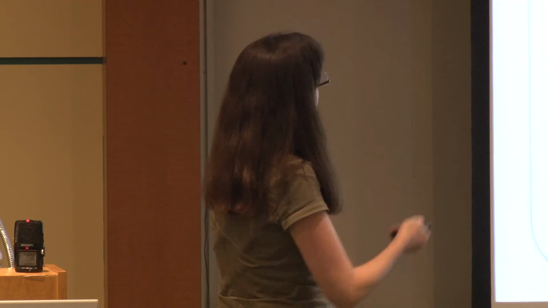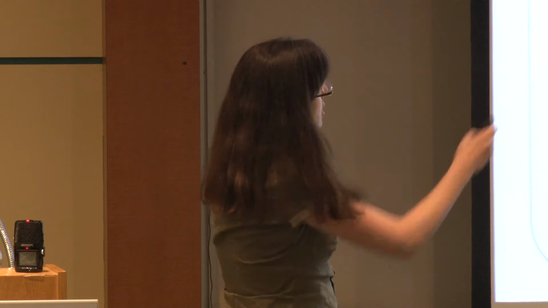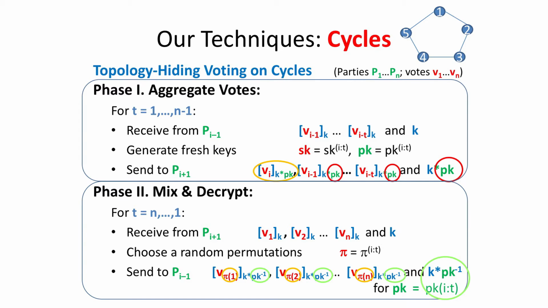So you see, node Pi, player i, got a list from its successor. It added to this list its own vote under the previous key with a layer of its own key. And it also added another encryption layer for all the other keys.